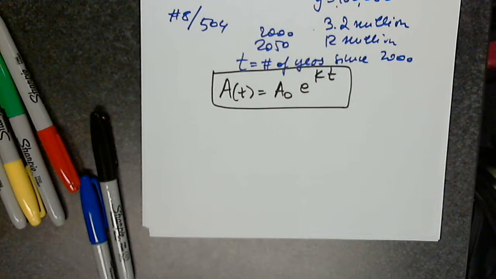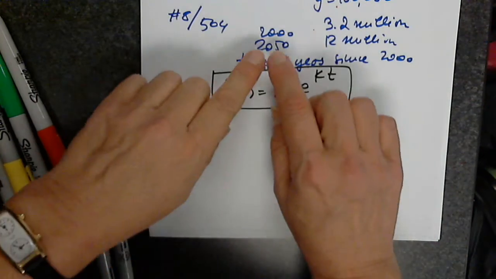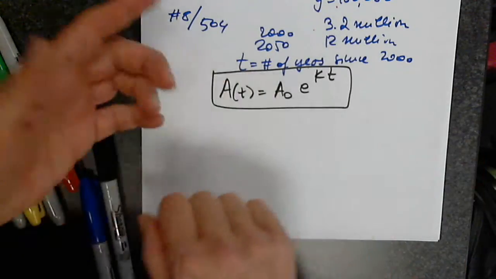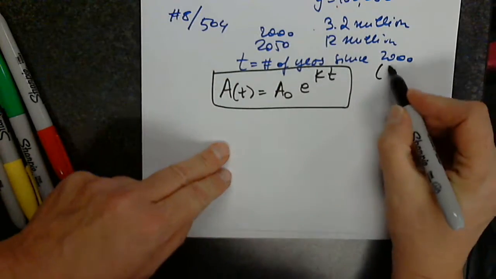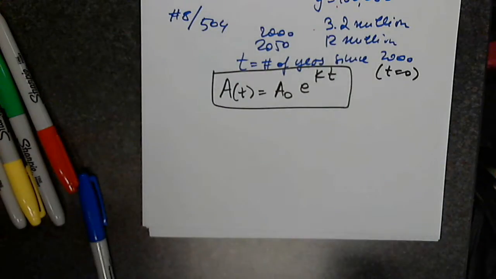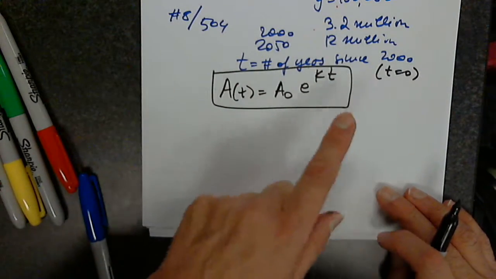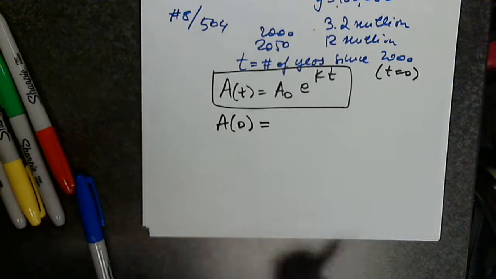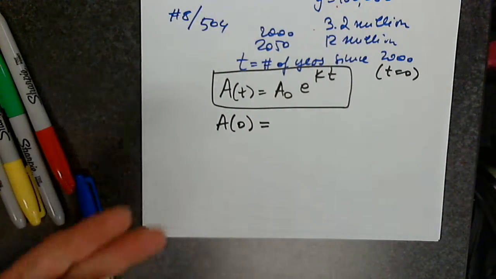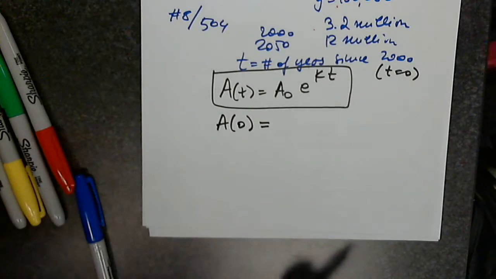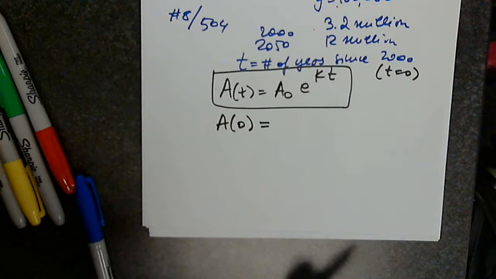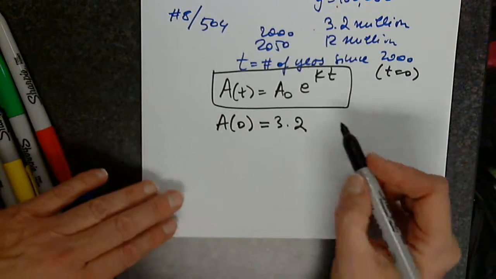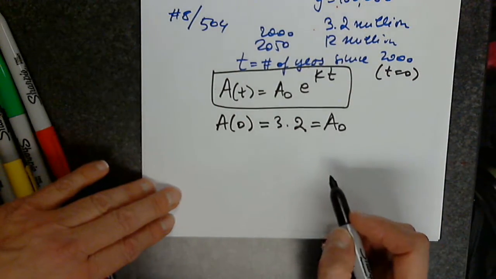E is a number, t is the variable, and A is the function, A of t, or f of t. Now I'm told t is the number of years since 2000, which means t equals 0 for 2000. Would you agree? Good. So I am told what happens when t is 0. A of 0 is exactly the initial value, that is A0.